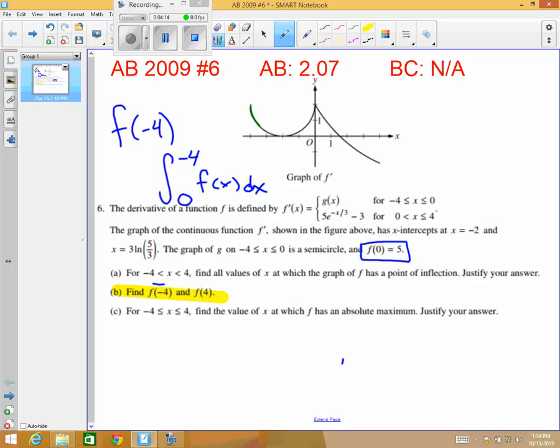At 0, we know y is at 5. So we really want 5 plus the change from 0 to -4. Notice the 0 and the -4 are not in the places we like. We'd like to switch those numbers around. So we really can start looking for 5 minus the integral from -4 to 0 of f of x dx.